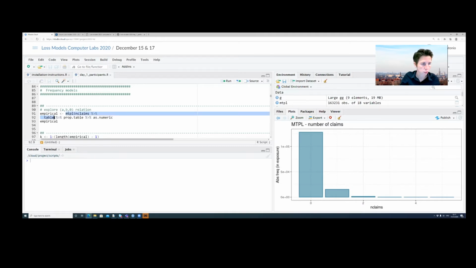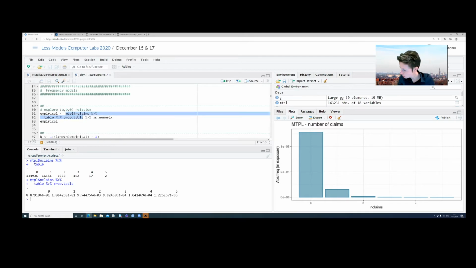If I just do this instruction, mtpl $nclaims, and then the pipe operator table, you'll get a table going from 0 to 5, and then the number of times we observed outcome 0, outcome 1, outcome 2 in our data set. If we add the instruction prop table, then we'll get a proportionality table, the same information, but now expressed with percentages.